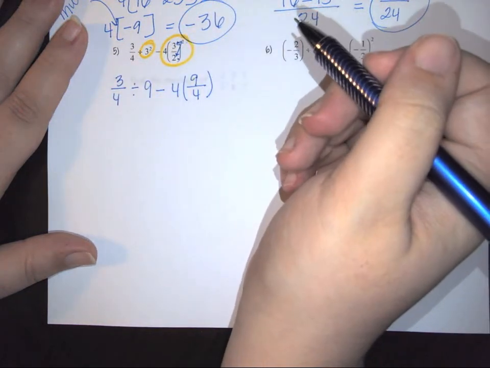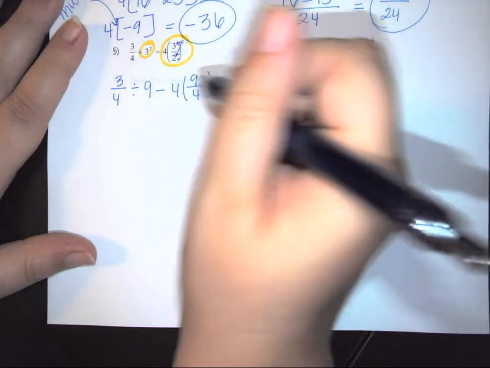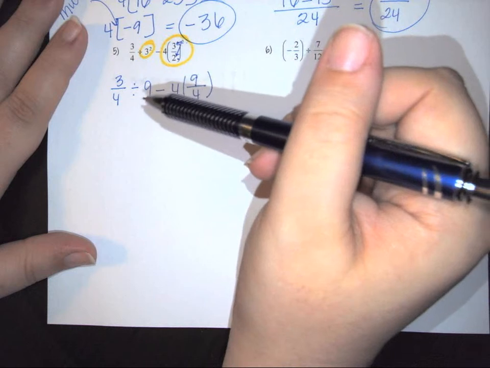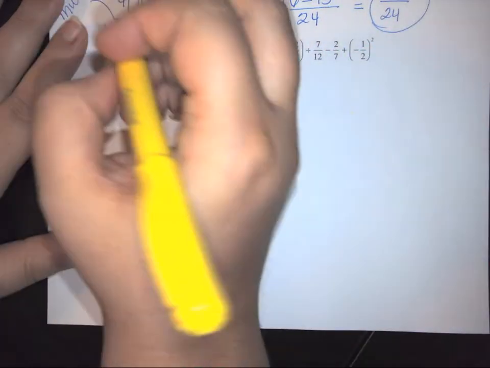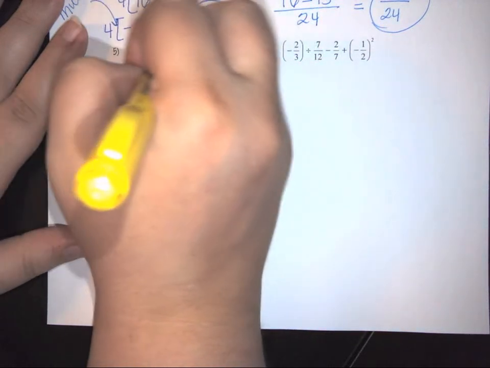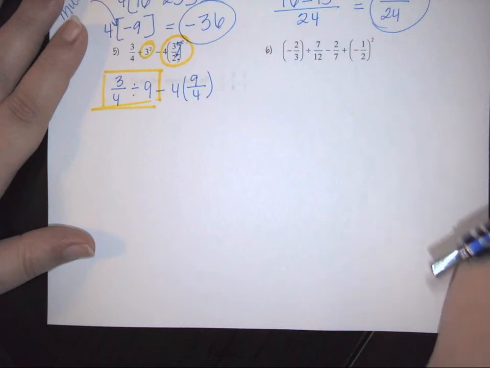The next thing that I have to look at is my order of operations. So I don't have any more parentheses, I don't have any more exponents, so I need to look at multiply, divide. So to multiply, divide, I have this 3/4 here, and it is divided by 9.